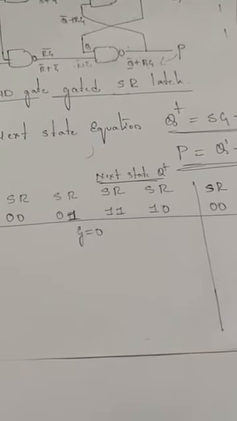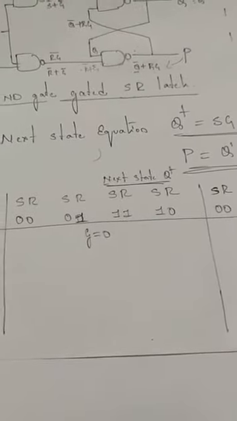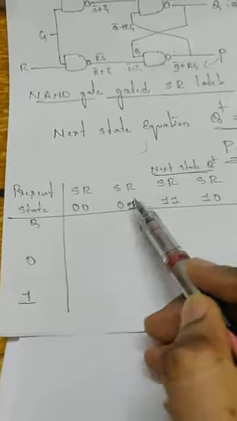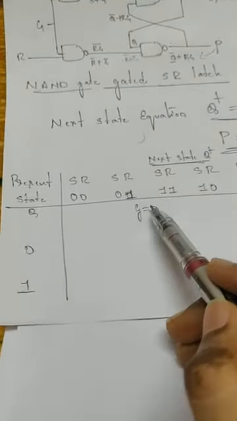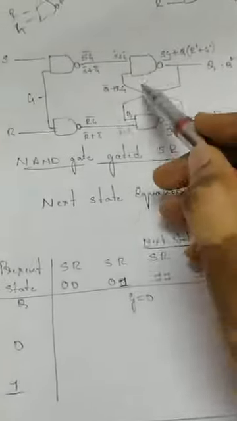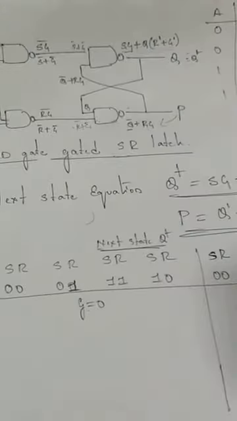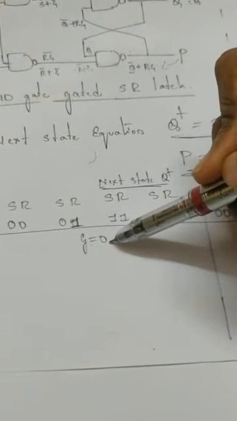When gate is equal to 0, it means the gate is closed. When the gate is closed, whatever input you give, like 0 1, 1 0, 1 1, whatever it might be, none of the operations will be performed. So it will retain its previous state. The Q and P will never change when the gate is closed, when G is equal to 0.